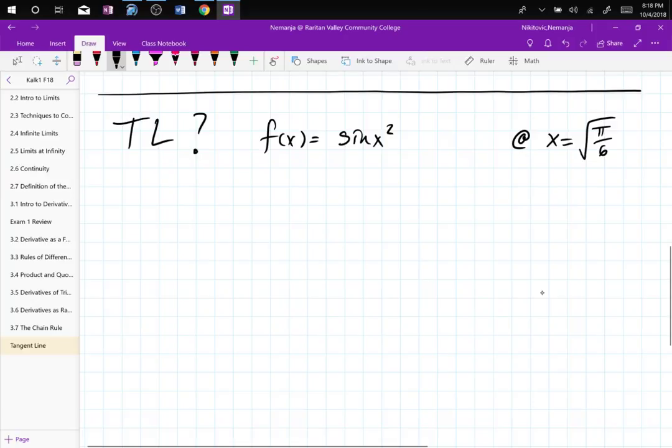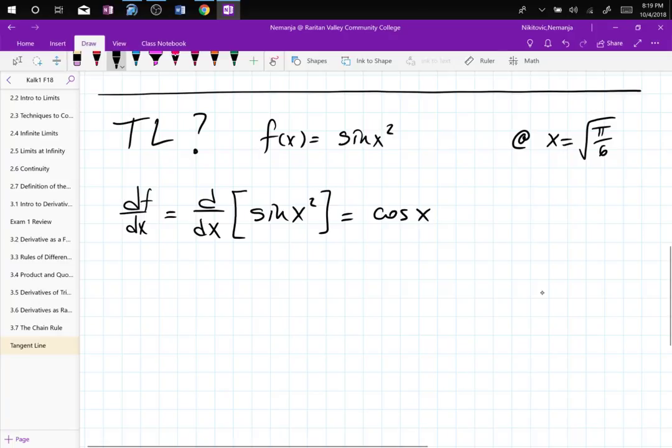So what do I have? First order of business is to calculate the derivative so that we can calculate the slope. The derivative, df/dx, is equal to the derivative of sine of x squared, which is cosine of x squared times 2x. m tangent is equal to the derivative at a, and that's the square root of pi over 6.